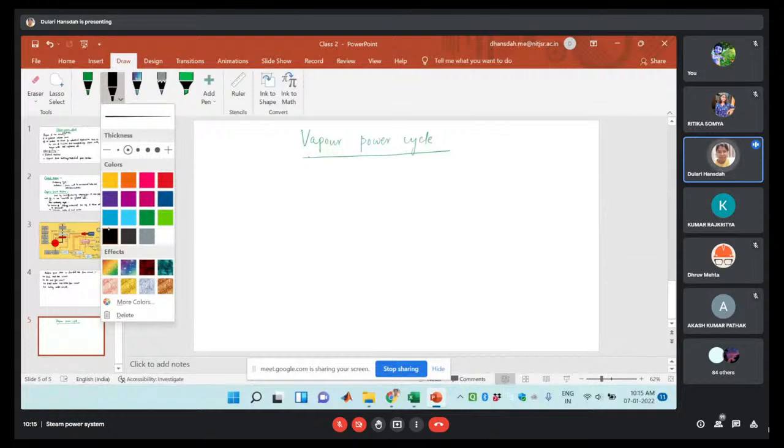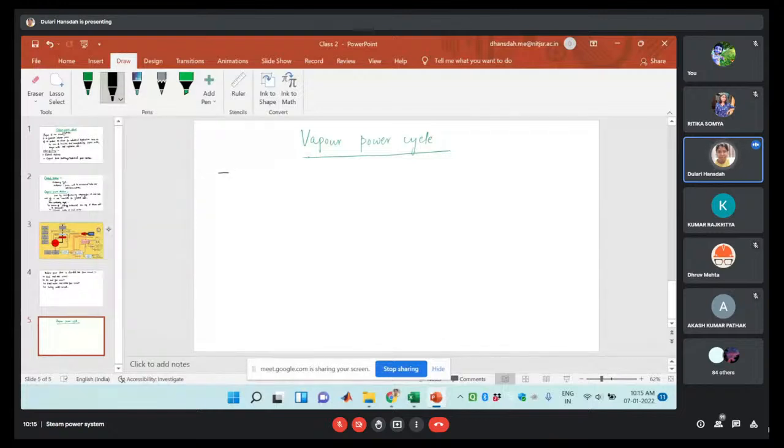Vapor power cycle means it is the thermodynamic cycle. It is the Rankine cycle. So first one is your Rankine cycle.